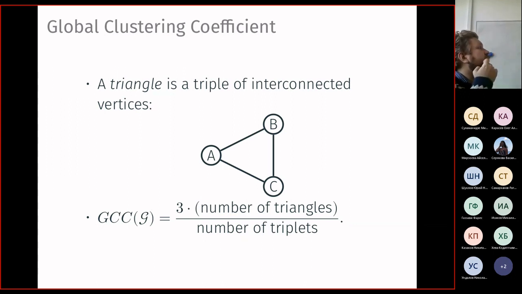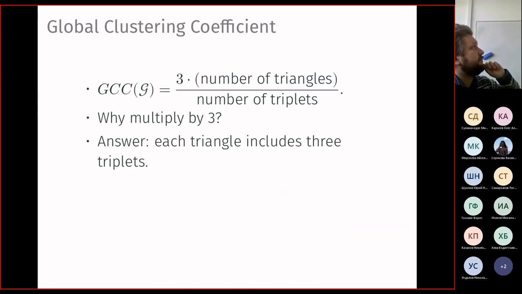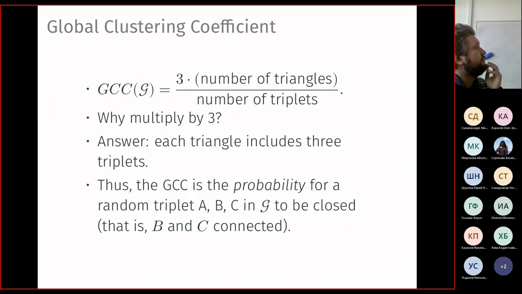You multiply by 3 because each triangle is actually 3 triplets: BAC, ACB, and CBA. The global clustering coefficient is the probability of a random triplet to be closed into a triangle.